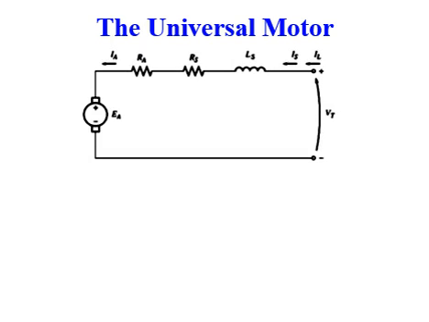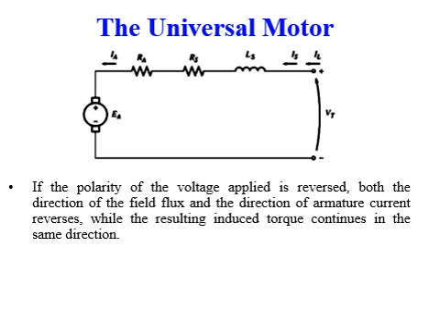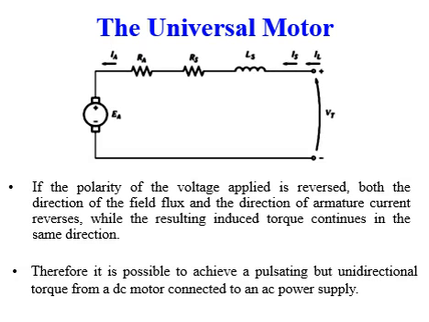Now we want to discuss the universal motor. What is a universal motor? A universal motor is basically a DC motor connected to an AC source.